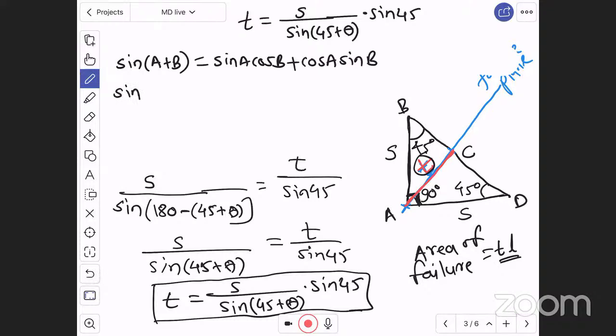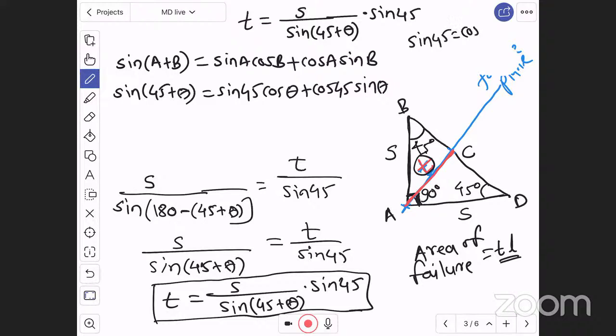Therefore I can write sine (45 plus theta) is equal to sine 45 cos theta plus cos 45 sin theta, right? And my dear students, we know that sin 45 is equal to cos 45.